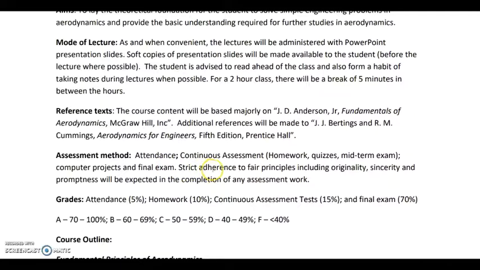It is a hope that the students will strictly adhere to FAIR principles that include originality, sincerity, and promptness in those assessment work. The grades will be broken down in this manner.